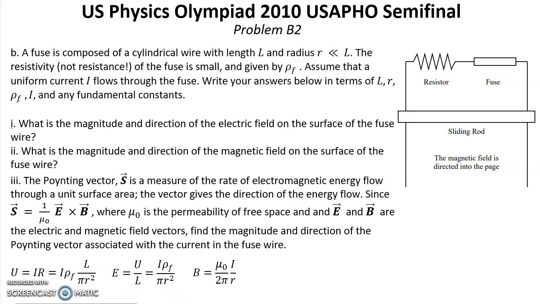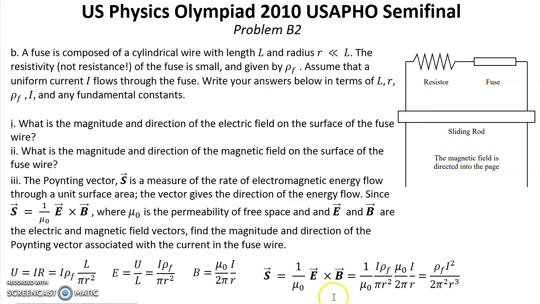That will be this expression, 1 over mu 0 multiplied by the cross product. In our case, the electric field and magnetic field are perpendicular to each other, so it means that we can count the full cross product like this.